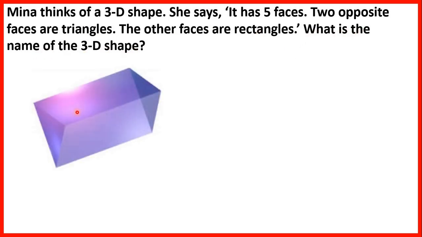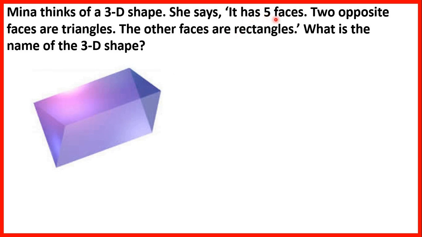So if we show the shape that Mina is thinking of, we can see that 2 opposite faces are triangles because we have a triangle here and then another triangle at the back. And the other faces are rectangles because we have a rectangle at the top, a rectangle here, and then a rectangle down below.